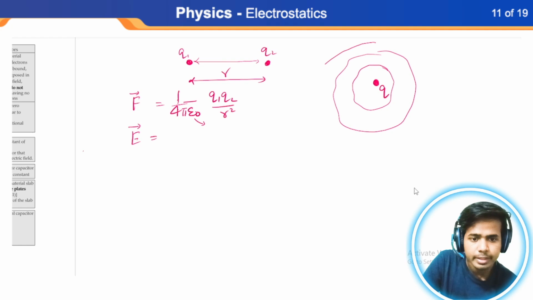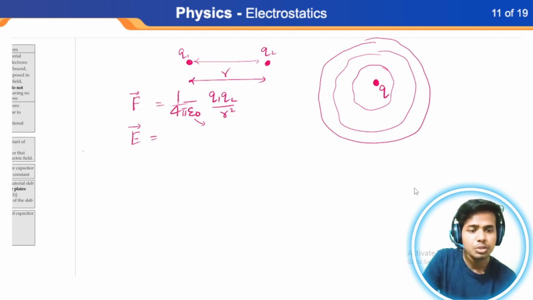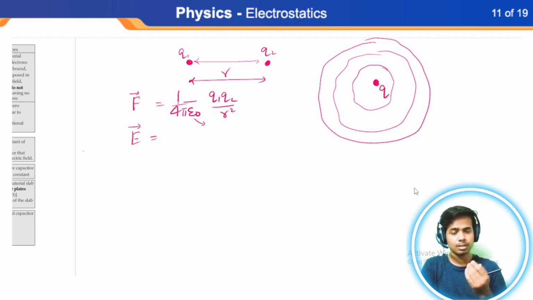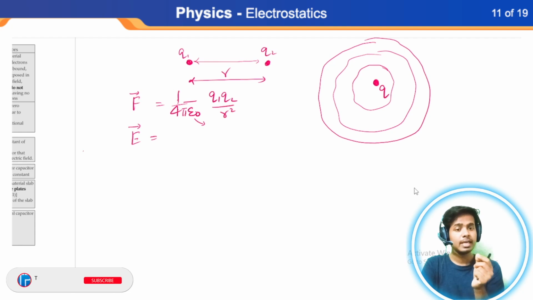You may consider it in the format of maybe Q is a spider here and it is creating a web around it, so that another charge, analogous to a fly, comes in and interacts with the field or the web of the charge Q, then it gets stuck.